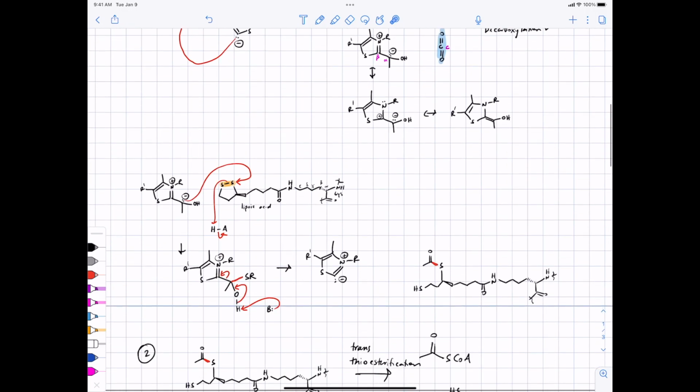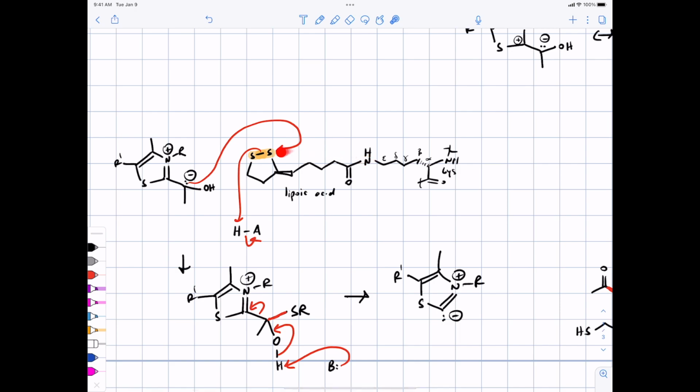All right, so in the next step, we have lipoic acid act as an electrophile. The negative charge from the thiamine intermediate attacks the sulfur. The enzyme must control which of the two sulfurs you attack. It's not clear whether one should be more reactive than another, and frankly, from our perspective, it doesn't matter. I'm just showing you what happens. We don't need to explain why we attack one sulfur versus the other.